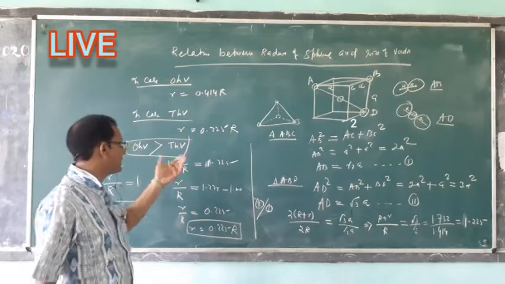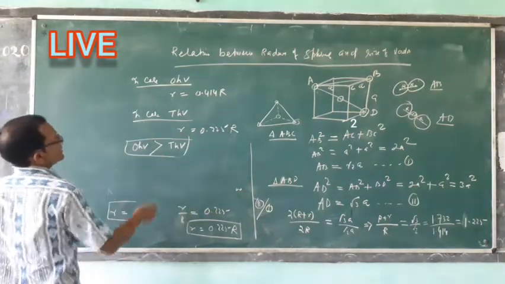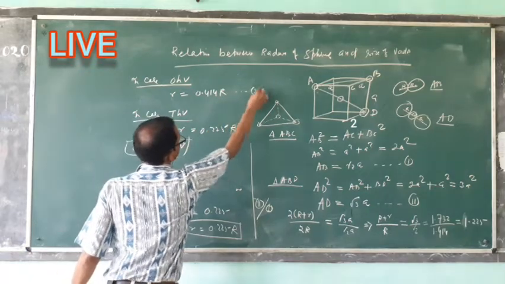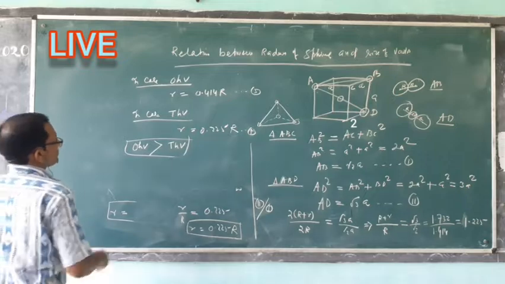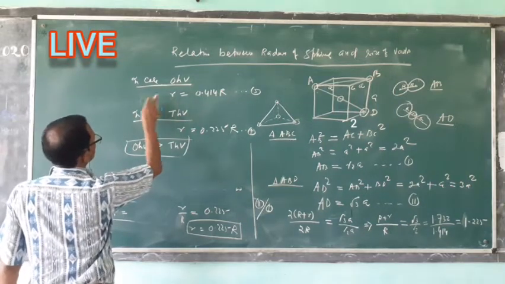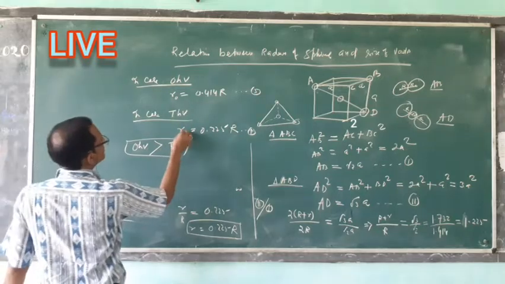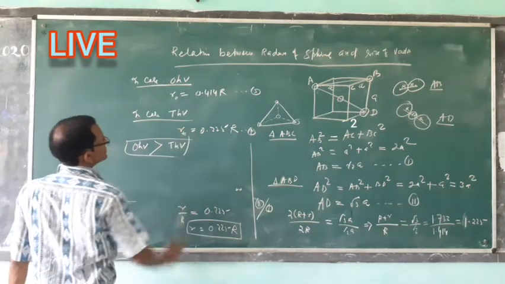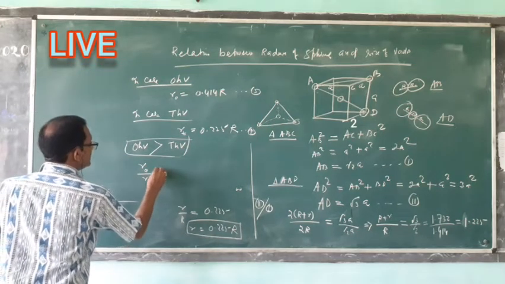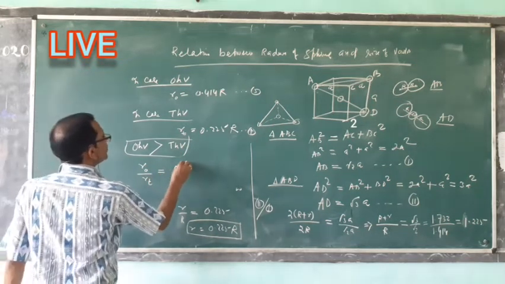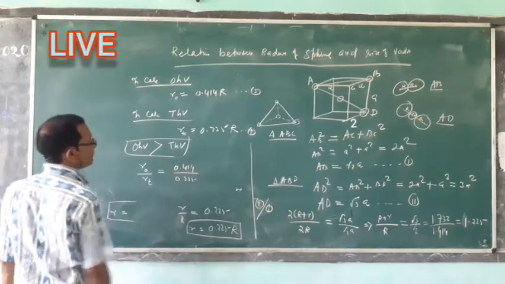How much greater, you can also derive from this relation. If this is equation 3 and this is equation 4, then if you take this as the void of the octahedral and this as the tetrahedral, RO by RT is equal to 0.414 by 0.225.